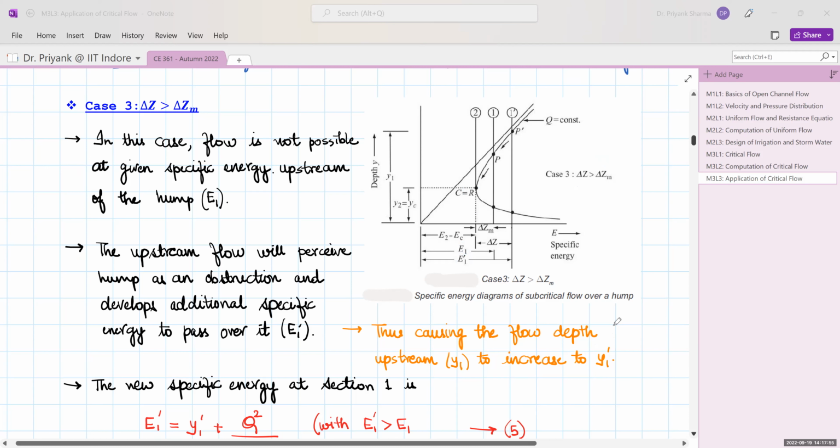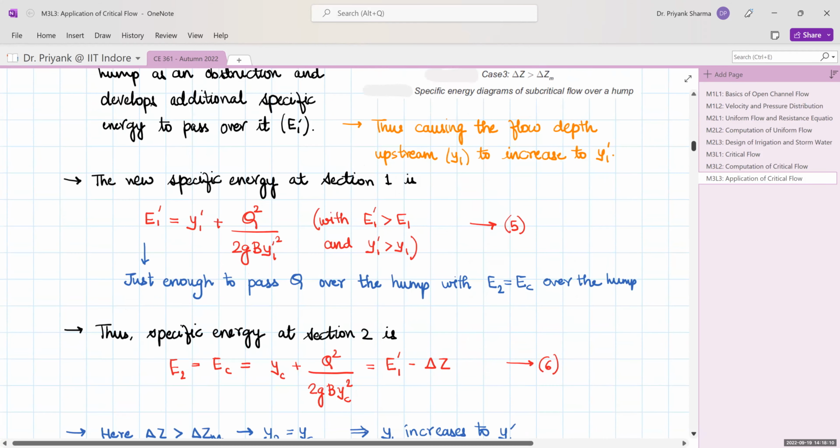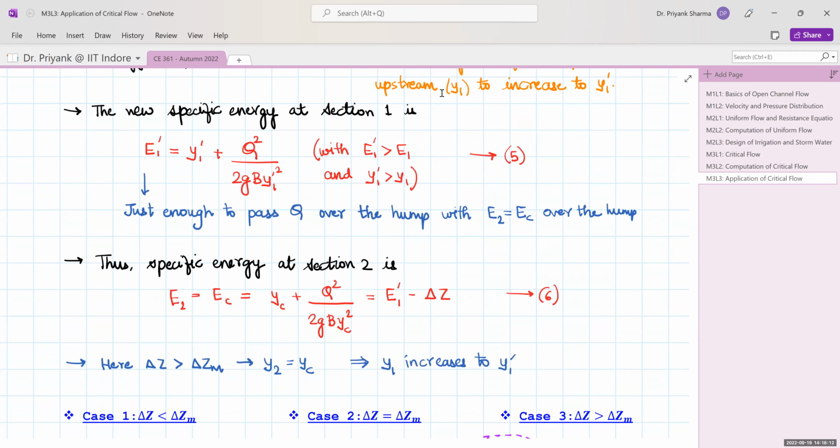So in order to entertain flow in such a condition, the upstream flow conditions would change, while at downstream you will still have your critical flow conditions. So the new specific energy at section 1, given by E1 dash, is equal to Y1 dash plus Q square upon 2g B square Y1 dash square. So in this case, your E1 dash is greater than E1 and Y1 dash is greater than Y1.